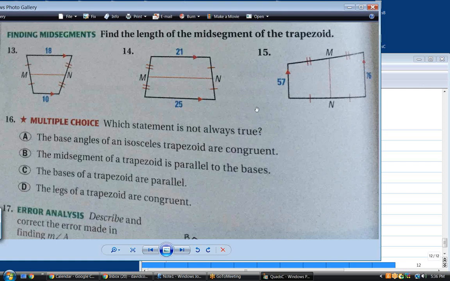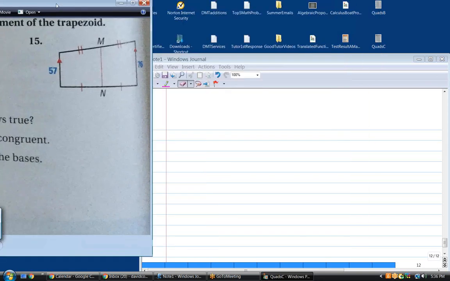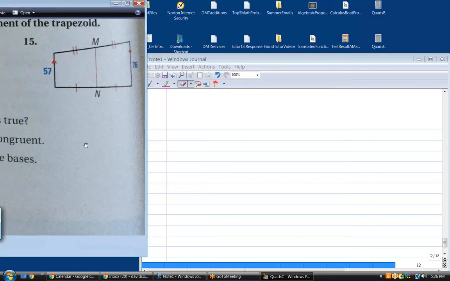I like that way better. And here? Not so easy to do here, because now we have to take half of 19 and add it to 57. So it's a little tougher to do the arithmetic on 15. So let's do it the regular way.